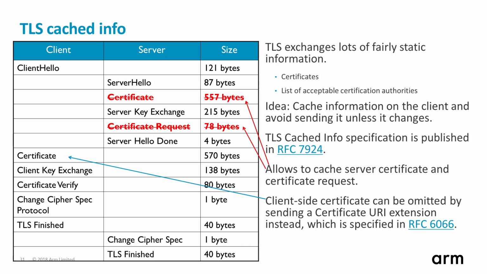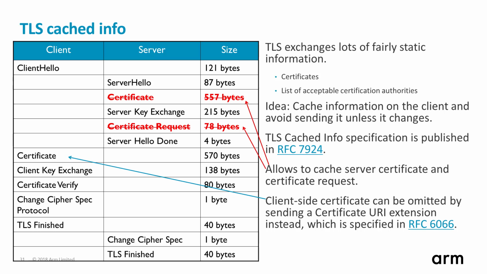In an environment where clients frequently talk to the same server or servers, which is definitely the case in most IoT deployments, the server certificate does not need to be exchanged when the client has previously cached it. The client informs the server about information it has cached with this new extension, and then the server would only include a fingerprint of the certificate or the certificate chain rather than the certificate or the chain itself.